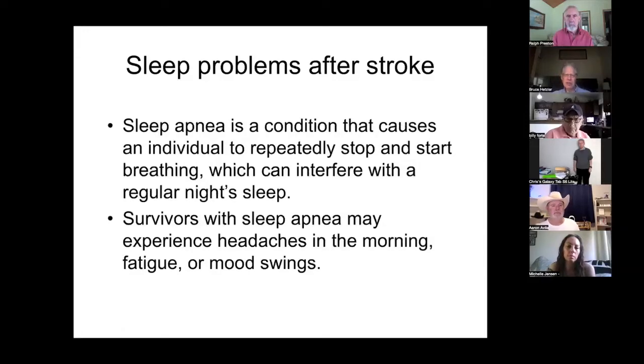I've already talked about sleep apnea, where you just stop breathing while sleeping. Survivors with sleep apnea may experience headaches in the morning, fatigue, or mood swings.